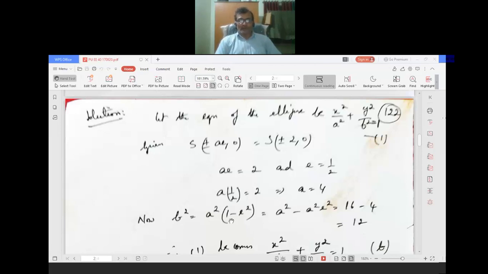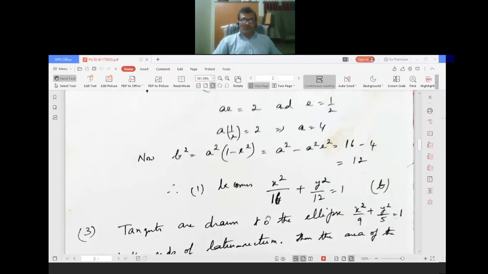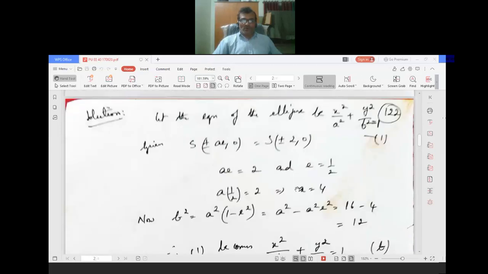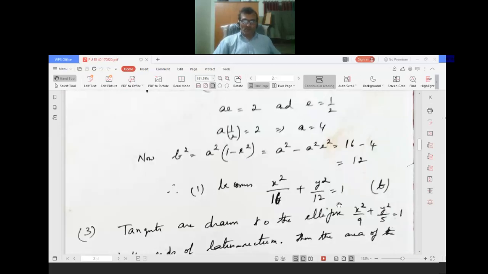That is a squared minus a squared e squared, 16 minus 4, which equals 12. Now we got b squared. Once you know a squared and b squared, x squared by a squared, that is 16, plus y squared by b squared, that is 12.